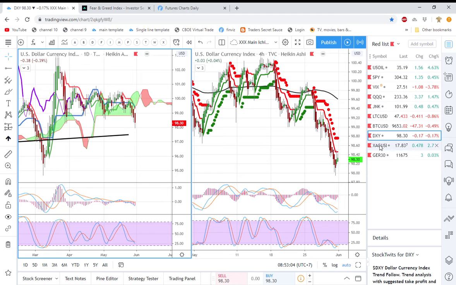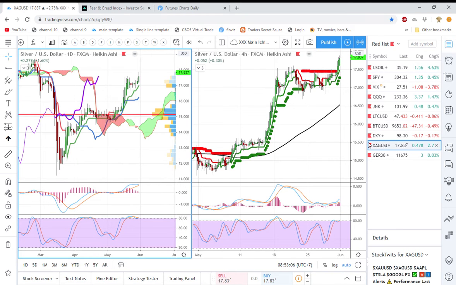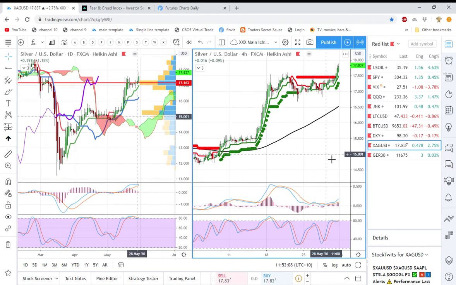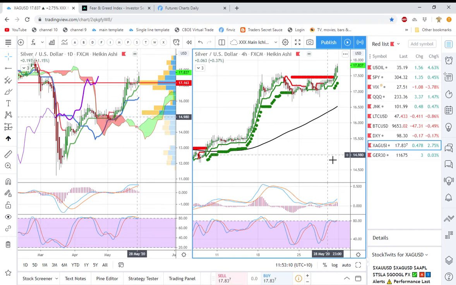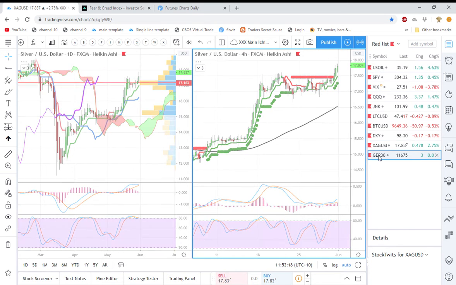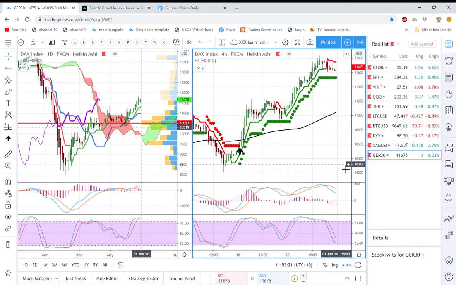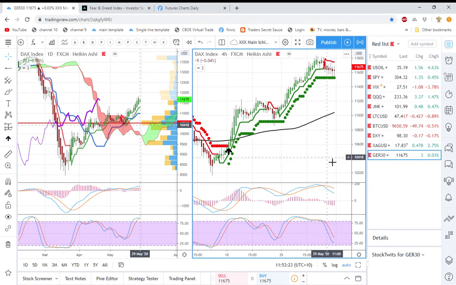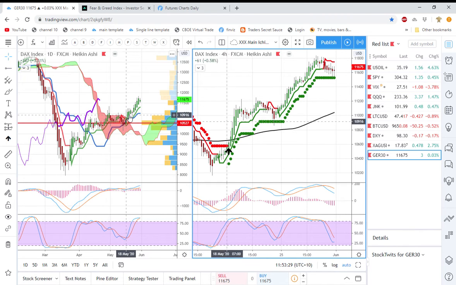So on to silver, and silver's been going great. I don't trade silver itself, but I've been trading the options on the ETF, and it's been going really well. And the DAX has also been very good, with this breakout on the daily back to an uptrend, so that was really good.